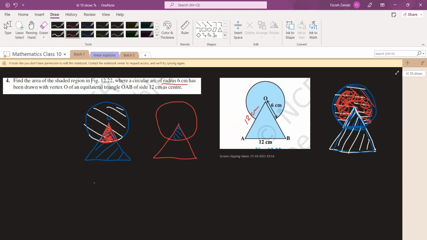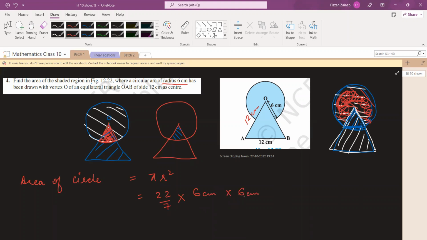Radius is already given, right? So area of circle, which is pi r square, that you know. So this is 22 by 7 into radius, given 6 centimeter, into 6 centimeter, correct?